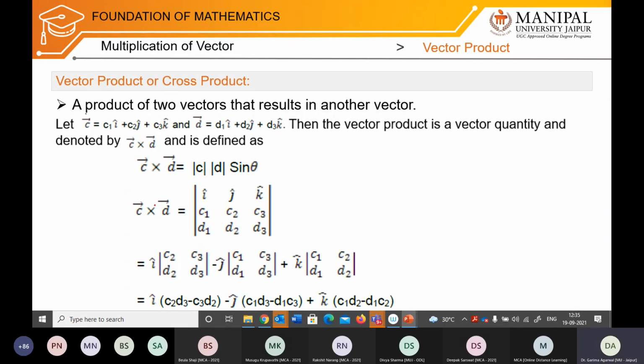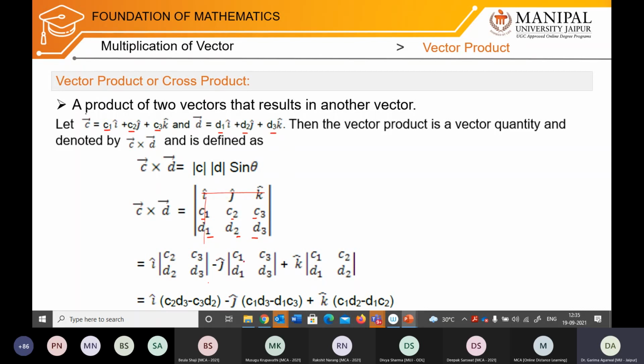How can we find C cross D? We write it in the determinant form i j k. Coefficients of i cap, j cap and k cap, that is C1, C2, C3. Here D1, D2, D3. Right? Then solve this determinant. For i cap, just hide this row and column and write the remaining matrix in the determinant form.